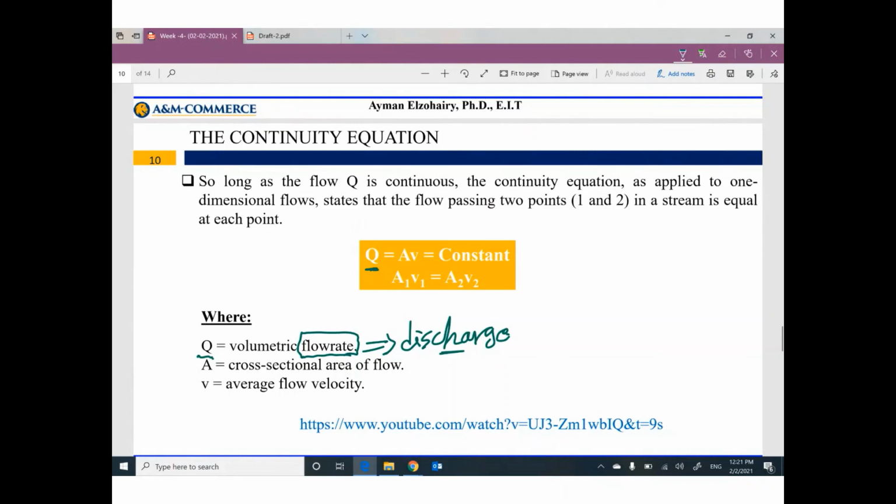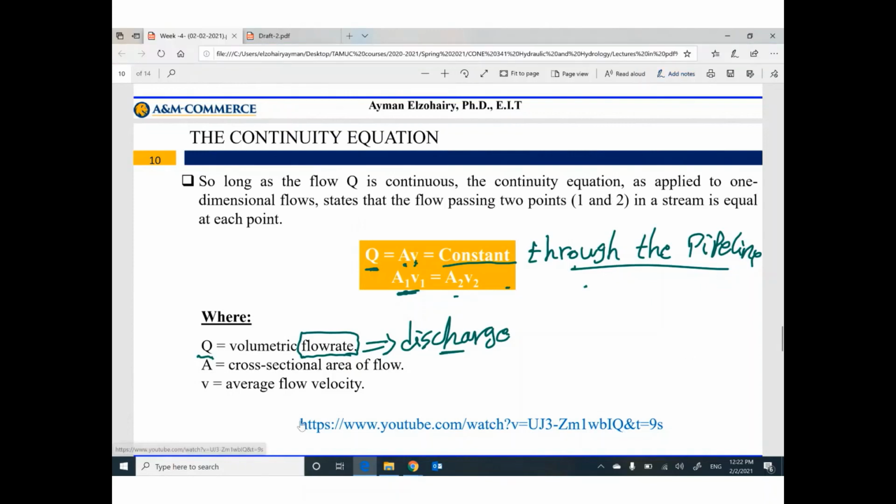Flow rate or discharge equals area times V. And keep in mind, this product area times V will be constant through the pipeline. At the first cross section, area 1 V1 must equal area 2 V2 must equal area 3 V3 must equal area 4 V4. Let's start to watch this video and see what's going on.